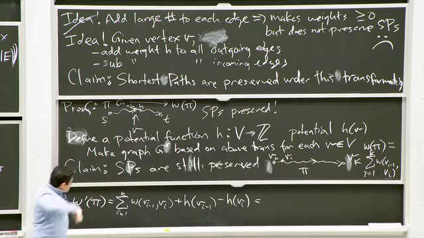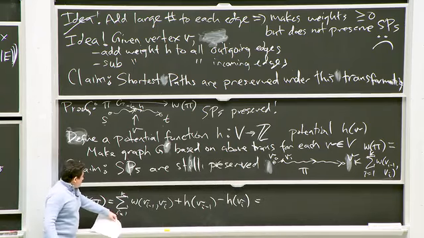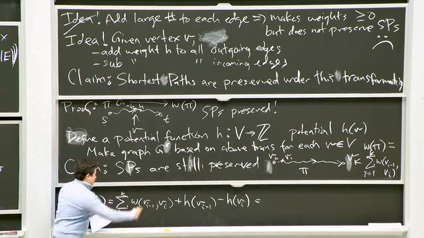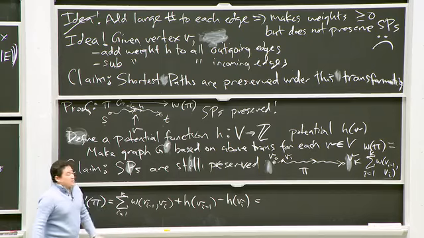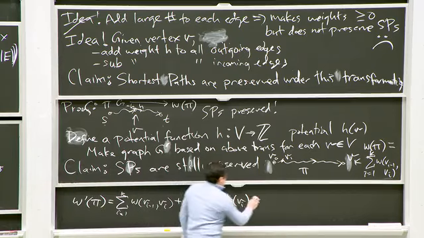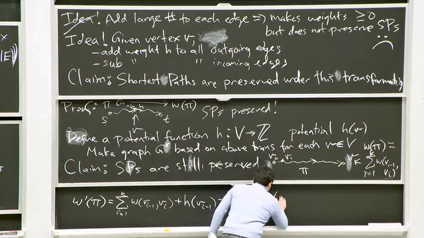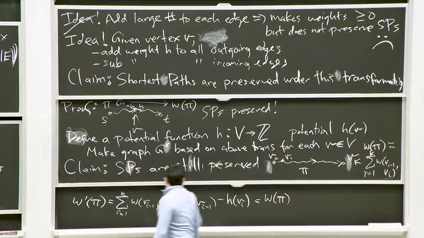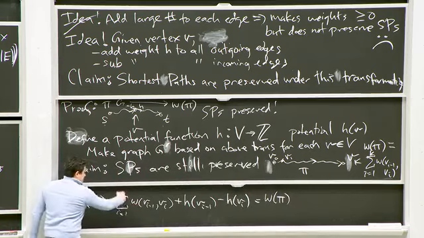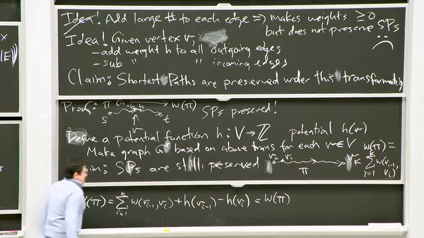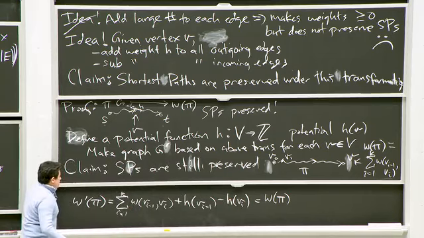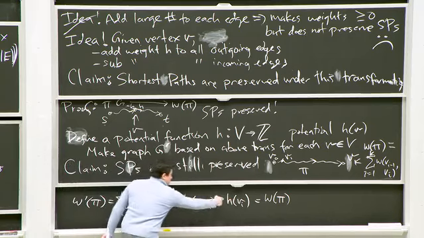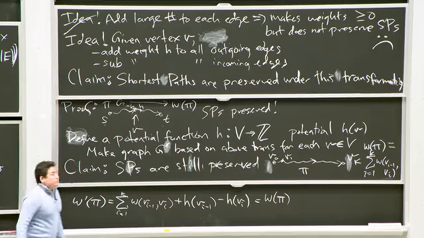Okay? Now what happens here in the sum, this term, if I just took the sum over this term, that's exactly my original path weight, right? So that's good. But you'll notice that this sum has k terms, and this sum has the subtraction of k other terms, but most of these terms are equal, right?